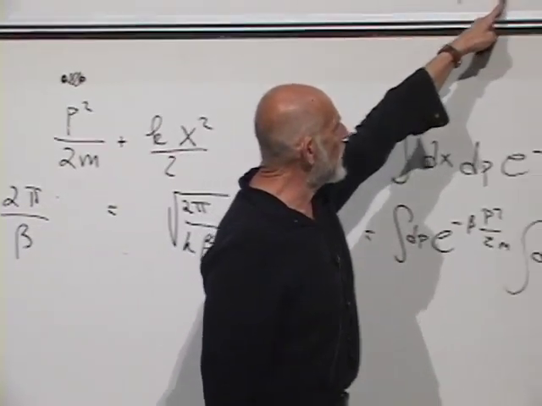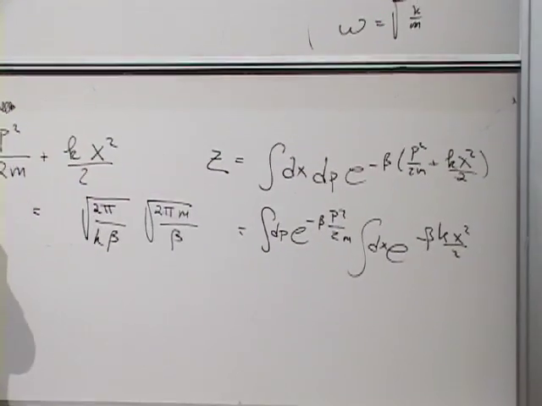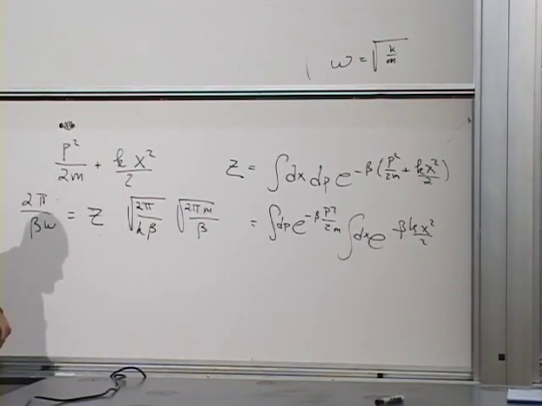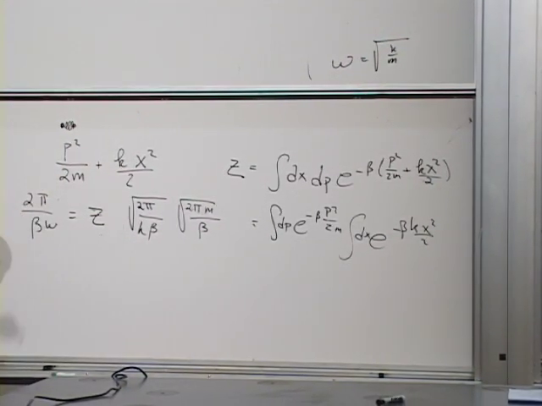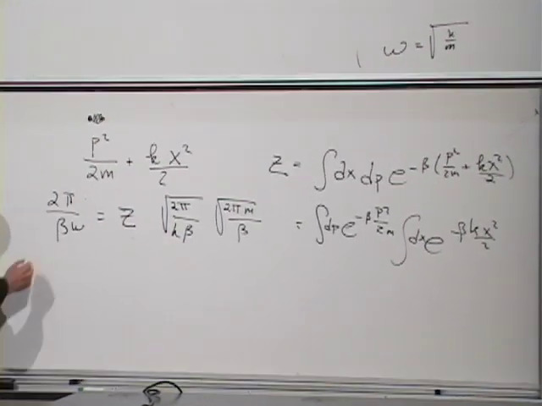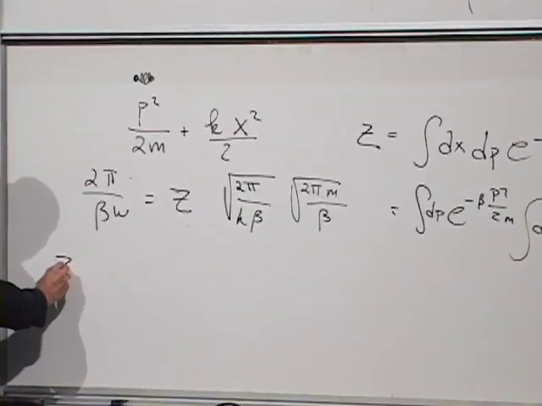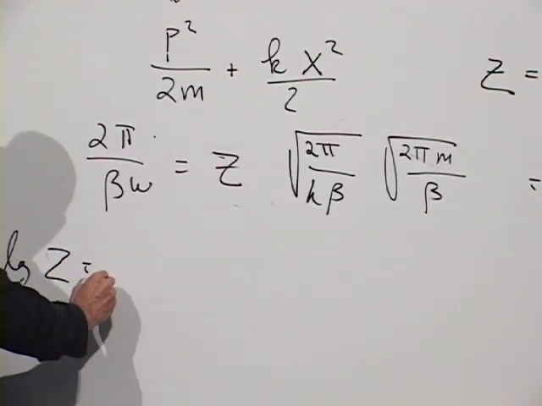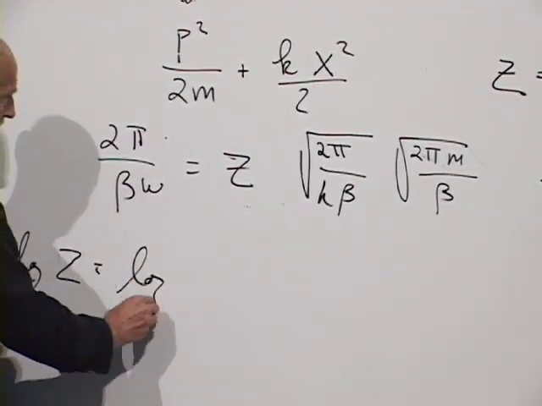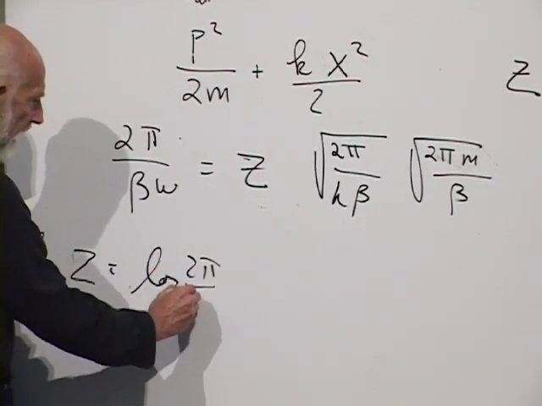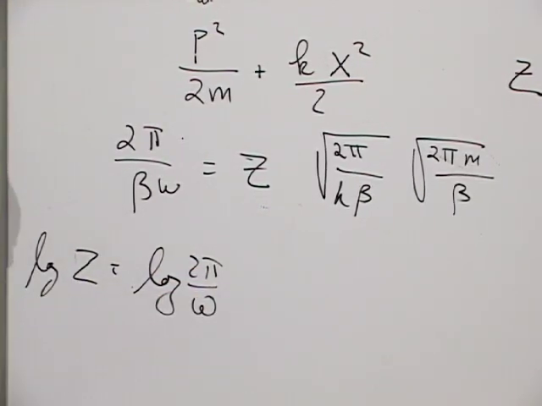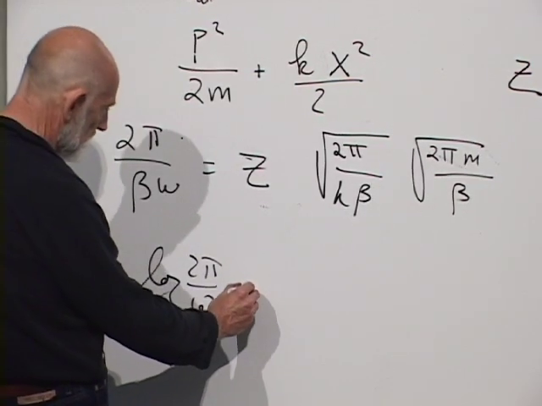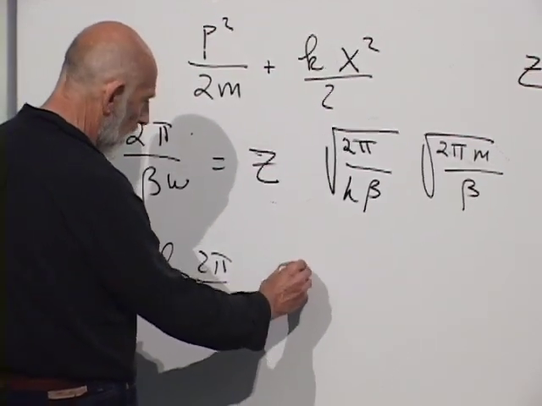But that's just 1 over omega. That's the partition function, really easy. Classical partition function. What's its logarithm? Log of Z is equal to log of 2 pi over omega, those are constants, omega is a fixed constant, plus or minus log beta.